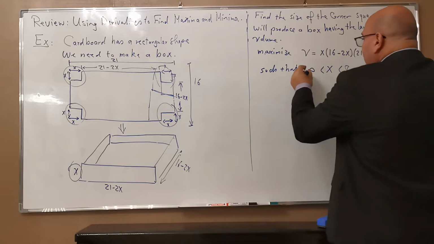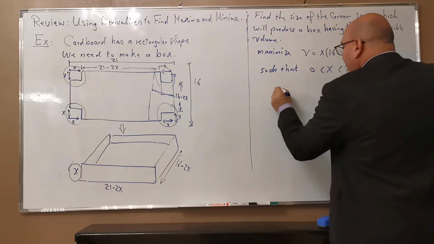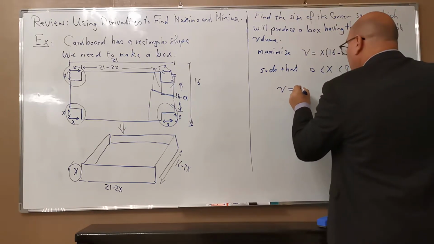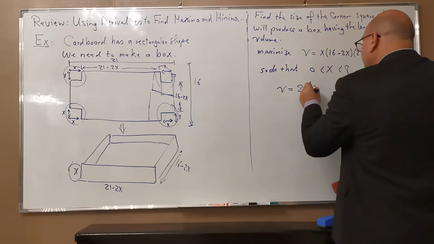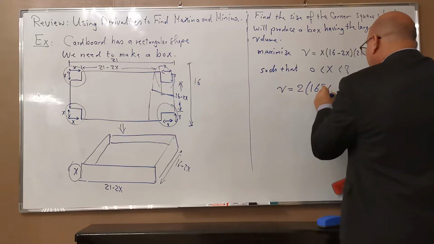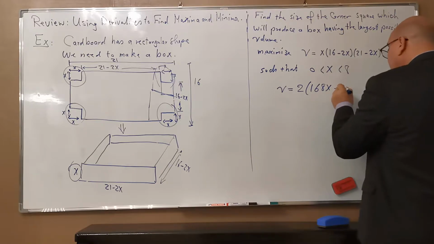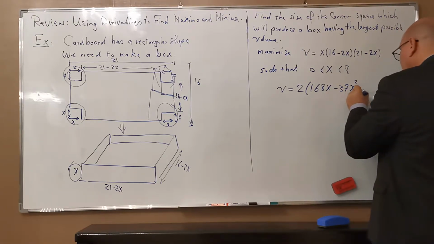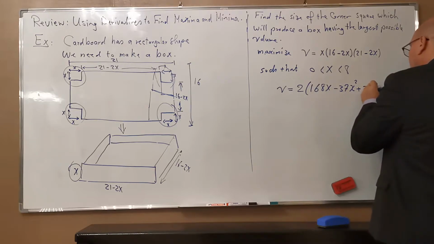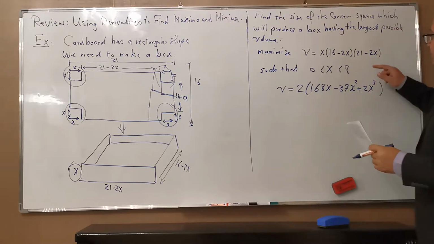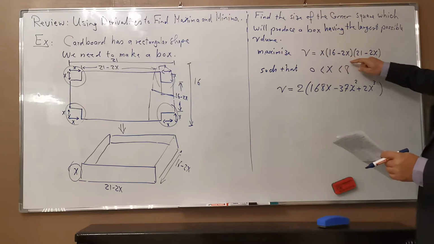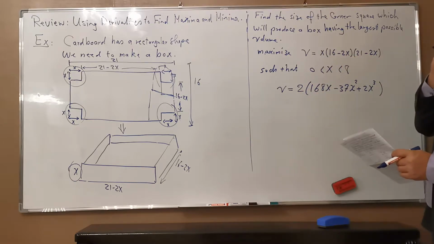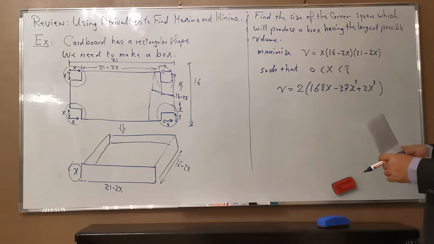Let's multiply it out and find V equals 2 times (168x minus 37x squared plus 2x cubed). So we multiplied those together, took the 2 as a common factor, and we end up with this third order polynomial in x.